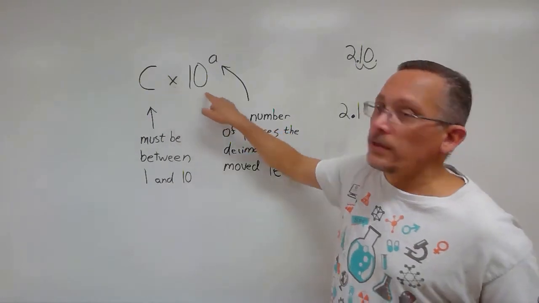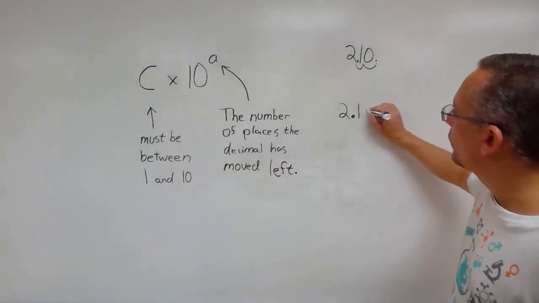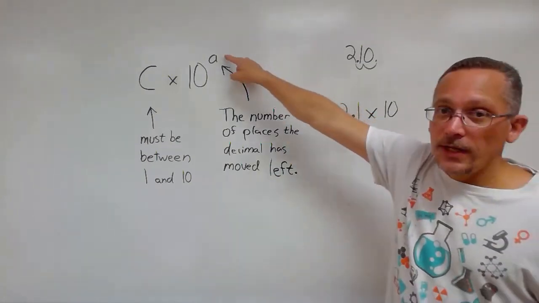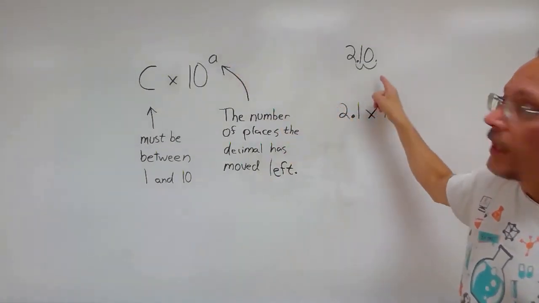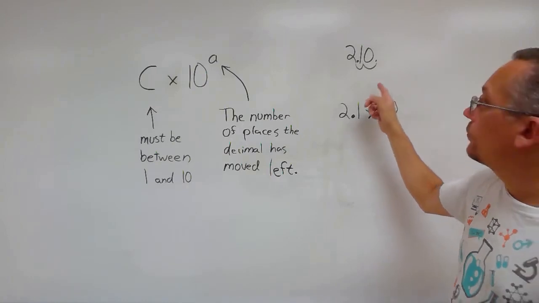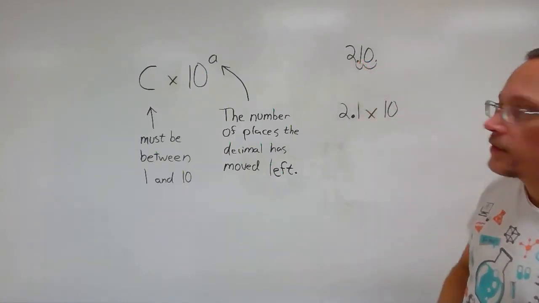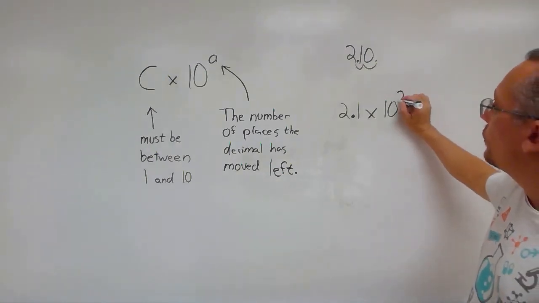And then it's always times 10. And then I ask myself, for the exponent, how many places left did my decimal point move? And you can see it moved 2 places to the left. So I will put a 2 right there.